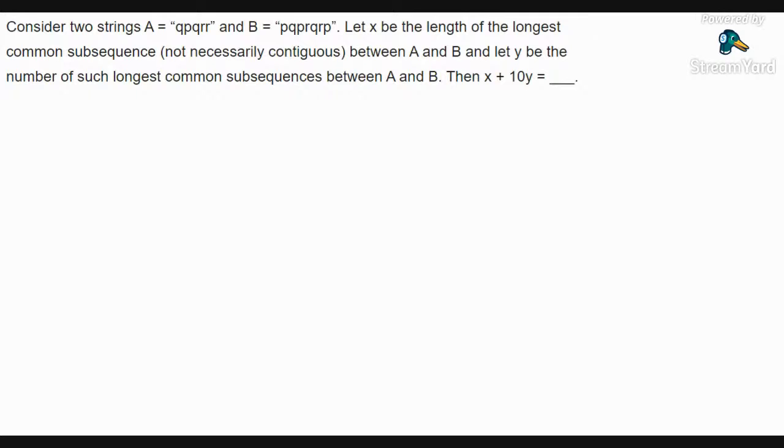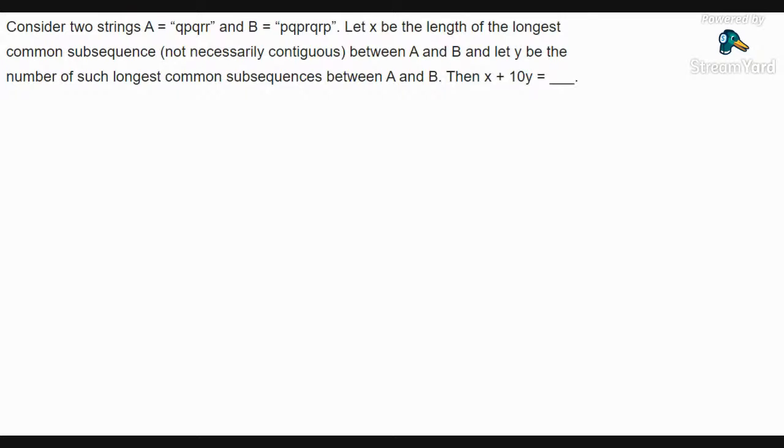Just check one more, QPRR. So first one was QPQR, second one QPRR, and now we are checking the third one, PQRR. All these three options are present in both strings, and the length of each of these is 4.